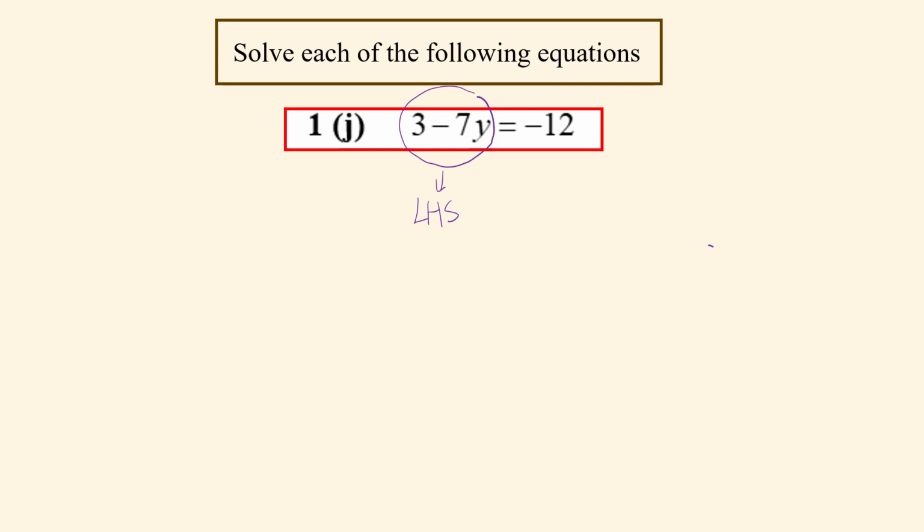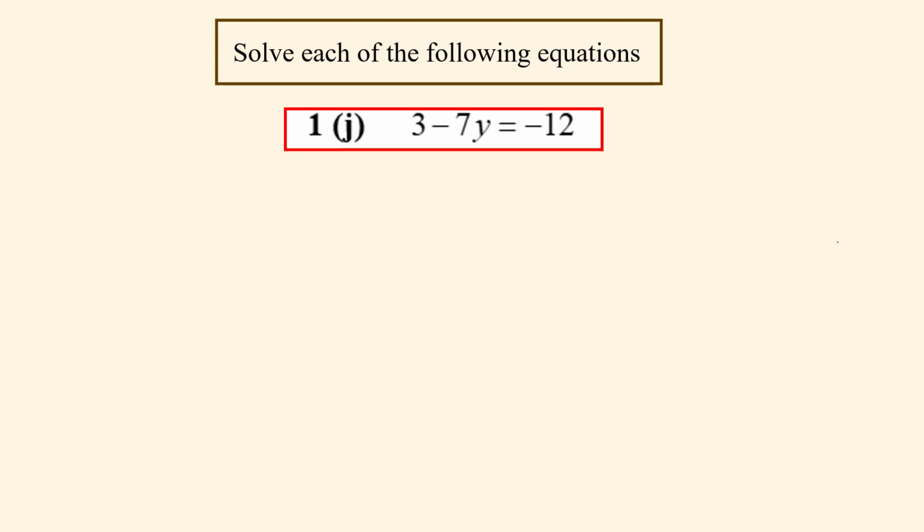Why is this an equation? Because I have an equal sign in the middle, and then negative 12 on my right-hand side. If I have something on the left-hand side equal to something on the right-hand side, that constitutes an equation. So to solve it is to find the value for this variable y.